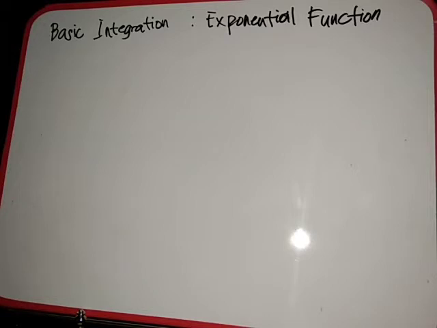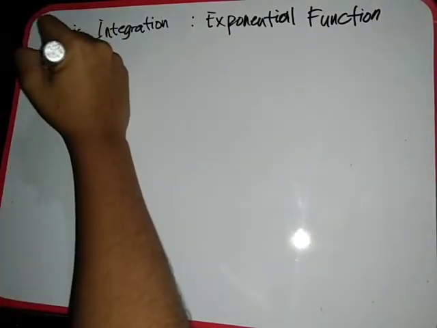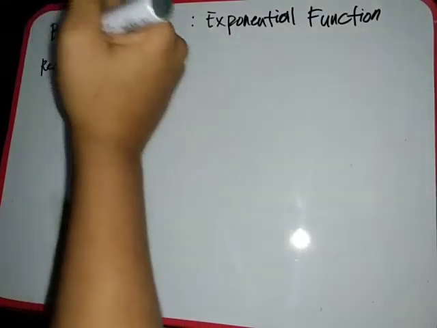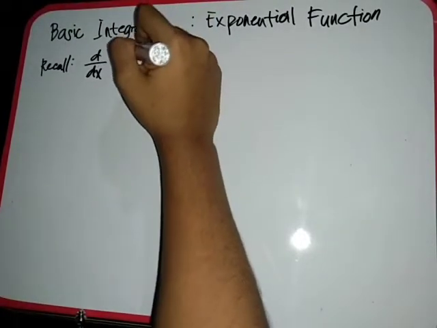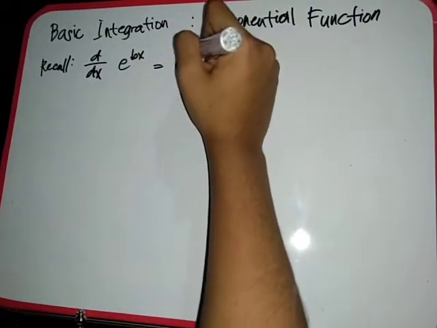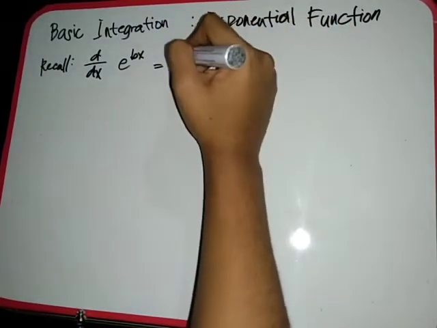So let's recall in the differential calculus, the formula of exponential function is d over dx e raised to bx is equal to e raised to bx multiplied by b.